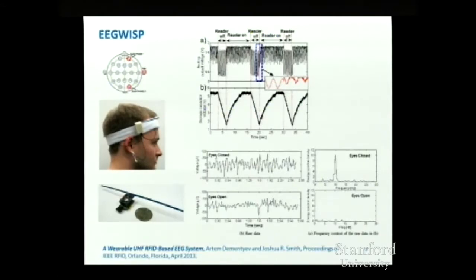Now, one of the challenges we discovered when we did this is that the reader is emitting this large RF signal, and it's modulating it. The very sensitive voltage measurements that you're making here for the EEG tend to pick up the reader. So in this case right now, you multiplex between the sensing and the communication.